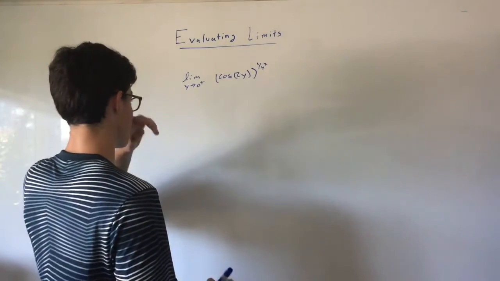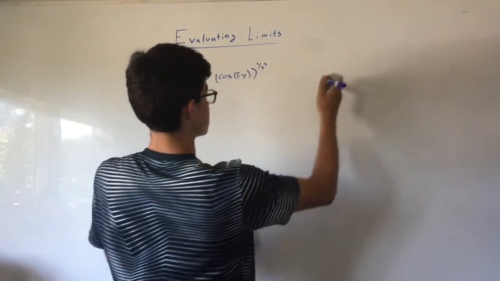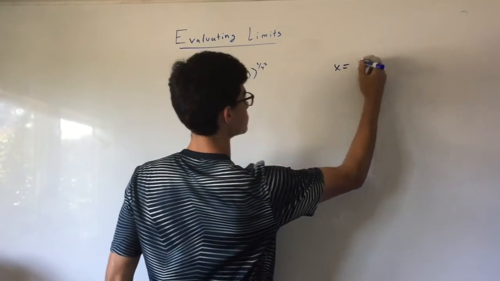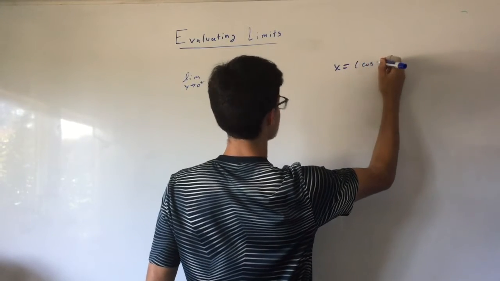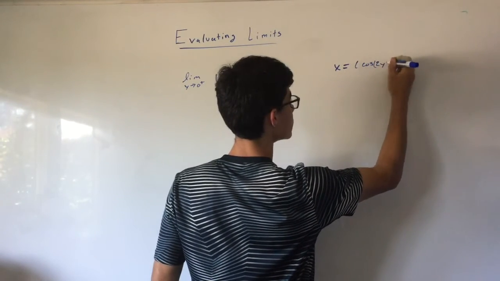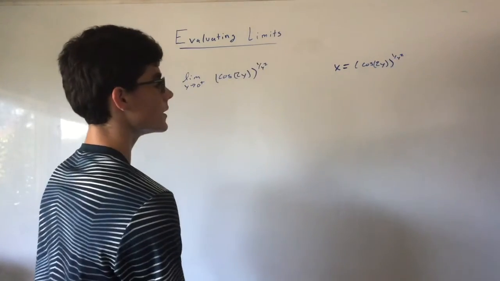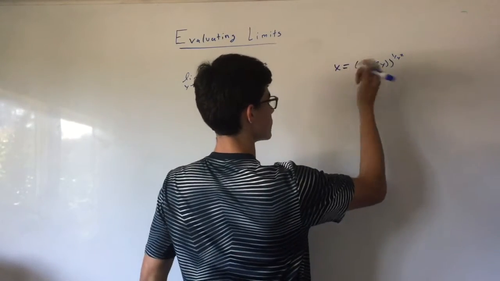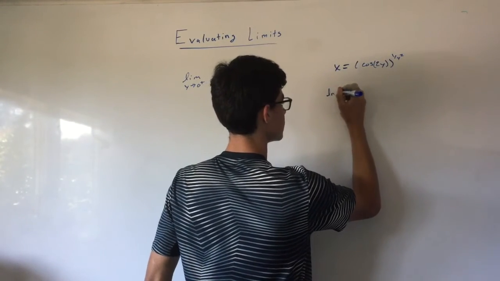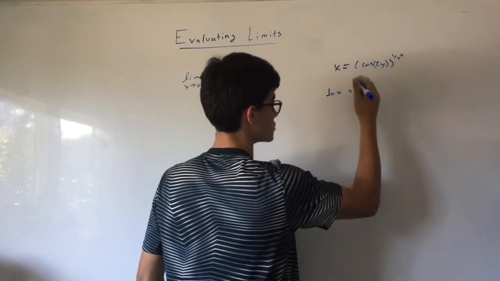So what we want to do is take this and express it as a function. So x is equal to cosine of 2y, all to the 1 over y squared. Now, to bring this exponent down, we'll take the ln of both sides, and through logarithmic properties we can take this and put it as a coefficient.